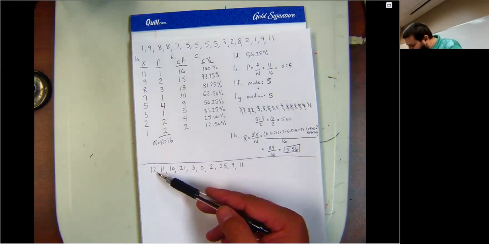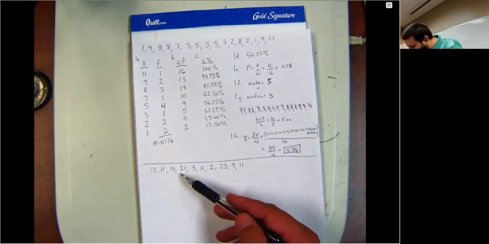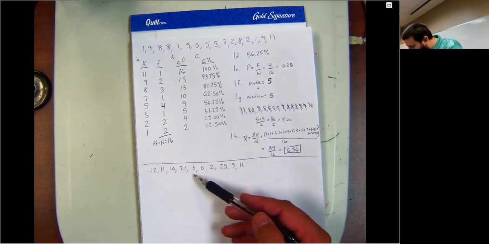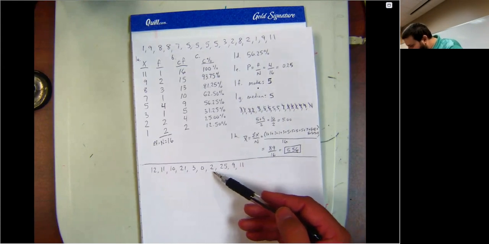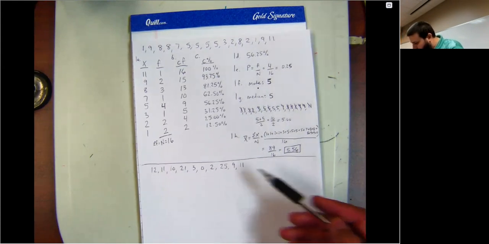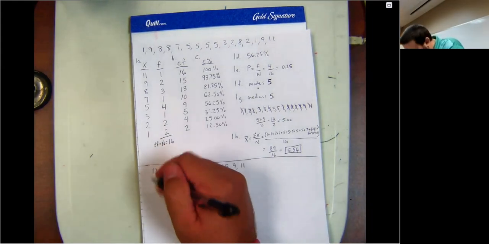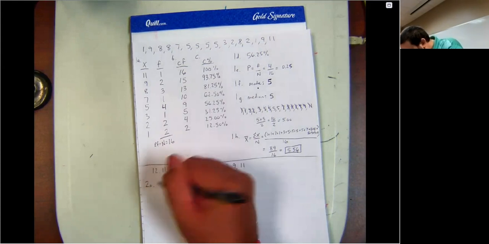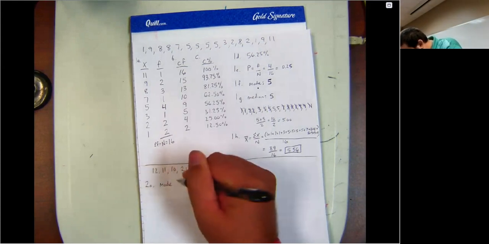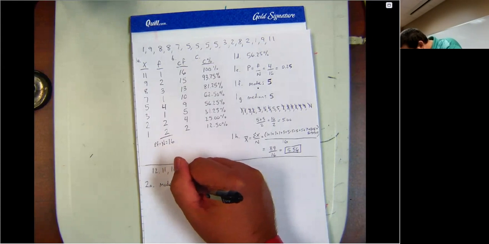Let's say 12 occurs once, 11 occurs twice, 10 once, 21 once, 3 once, 0 once, 2 once, 25 once, and 9 once. So 11 is actually the only one that occurs multiple times in the data set. So the answer to 2A, what is the mode of this distribution? Again, it's unimodal, and the mode is 11.